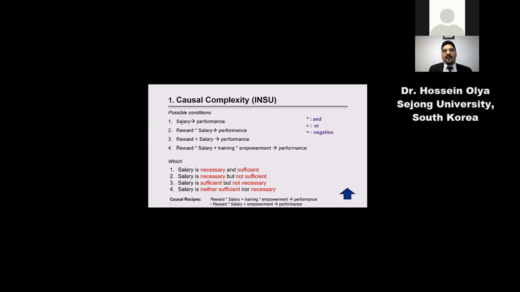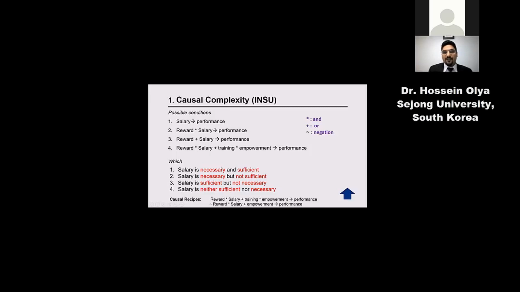Look at the first item. I'm going to talk about the possible conditions for increasing the performance of your hotel employees. In the literature, we know that if we increase the salary, their performance will increase. This is the first possible condition, very simple. In this condition, salary is a necessary and sufficient condition.